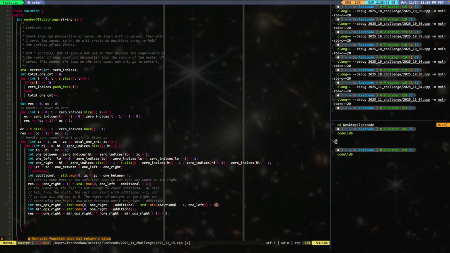And if the max operation is 0, then 1 right minus original, that's going to be 0 as well. Because 1 right minus additional is just like if the left is 0, then all the additional has to be on the right, right? All the additional has to be on the right. Then the number of operations is 1 right minus this.